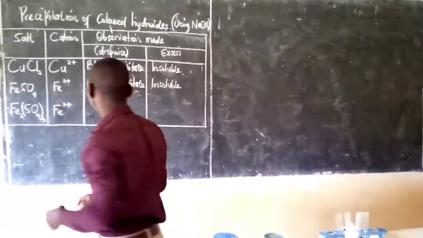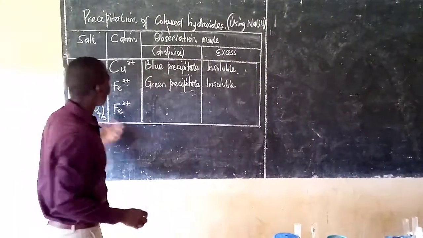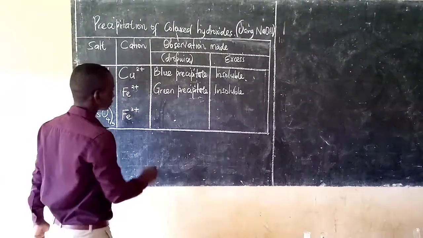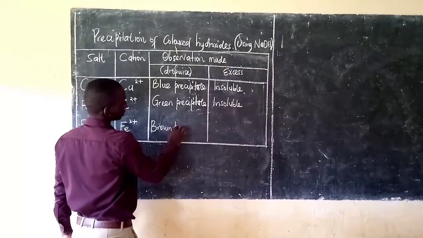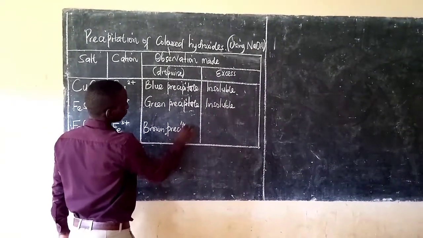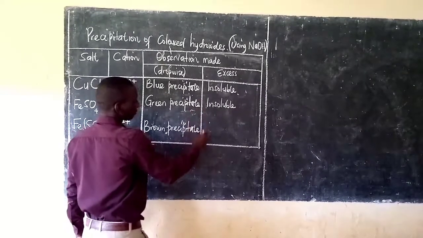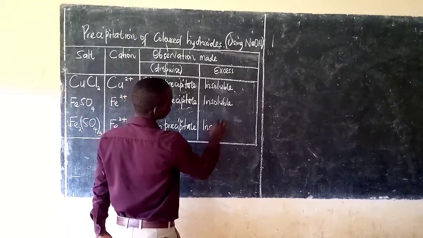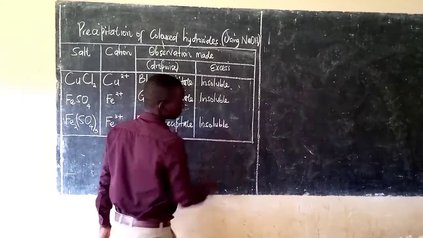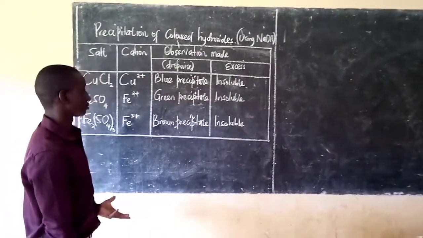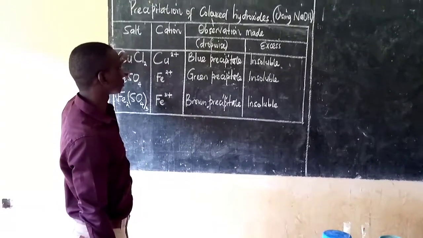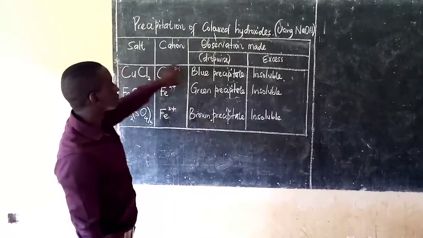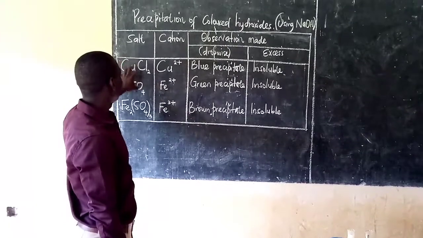We report that when iron 3 salt meets sodium hydroxide, we come up with a brown precipitate on dropwise addition. If you add excess, nothing dissolves, so it is insoluble in excess. So objective 1 must be realized: state what is observed when sodium hydroxide meets either of these salts.